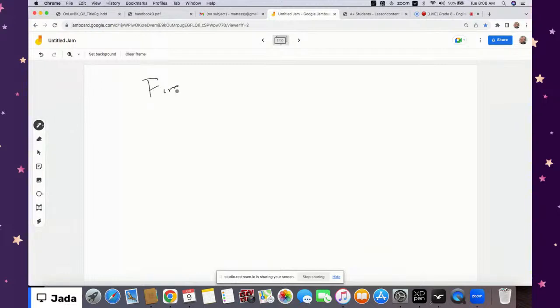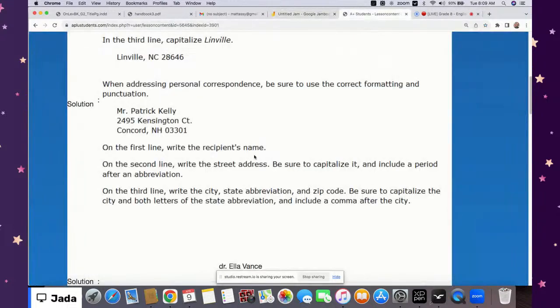First, the receiver's name. Okay, so let's say that James Murray is a pastor. So Pastor James Murray.